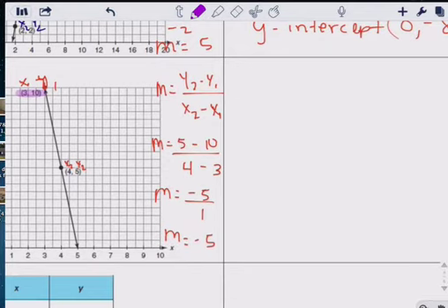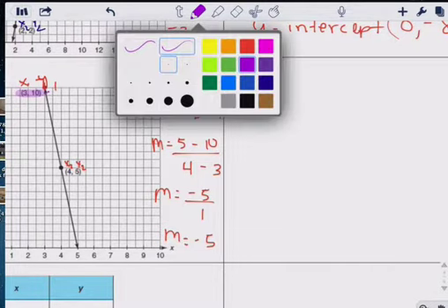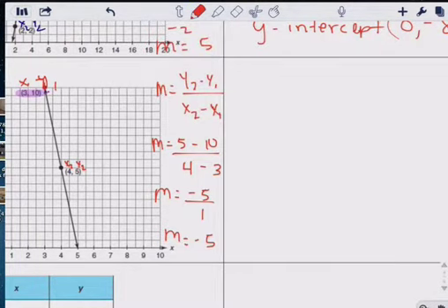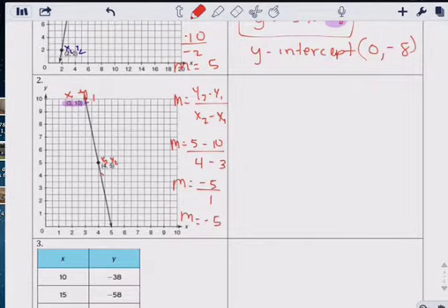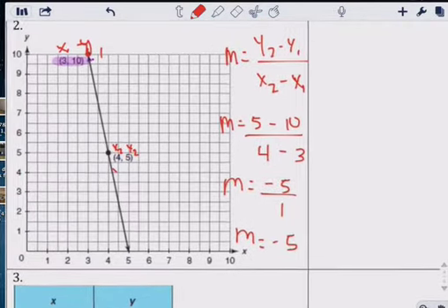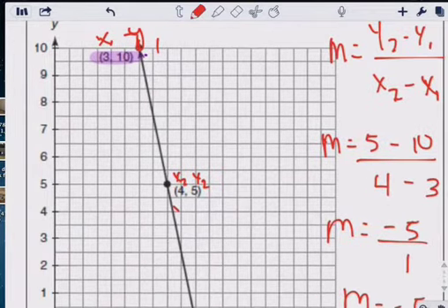Notice if you didn't do the math, you went down. I did something wrong. 4 minus 3 is 1. Let me count.